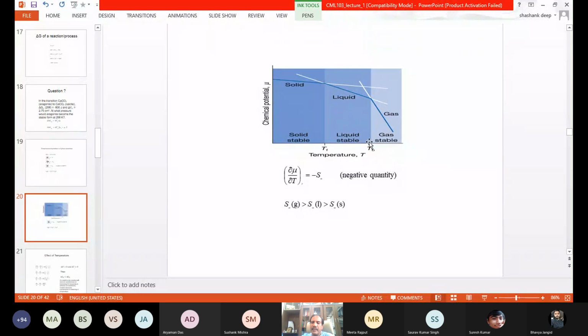And then again at some higher temperature, the chemical potential or free energy of gas will become most negative, or you can say lower than liquid and solid. This temperature is known as the boiling temperature. And that is simply because the entropy of the gaseous form is greater than the entropy of liquid.